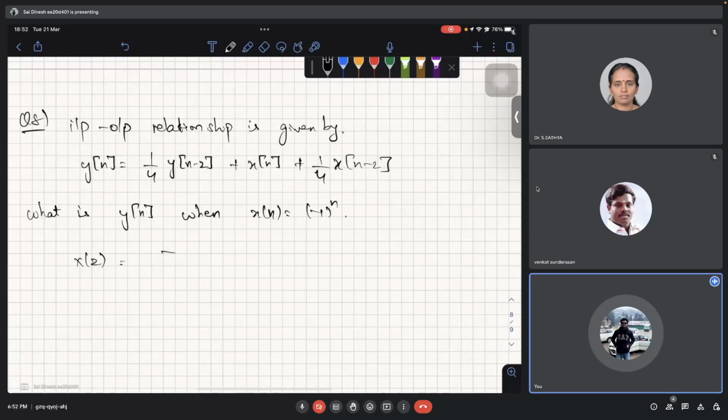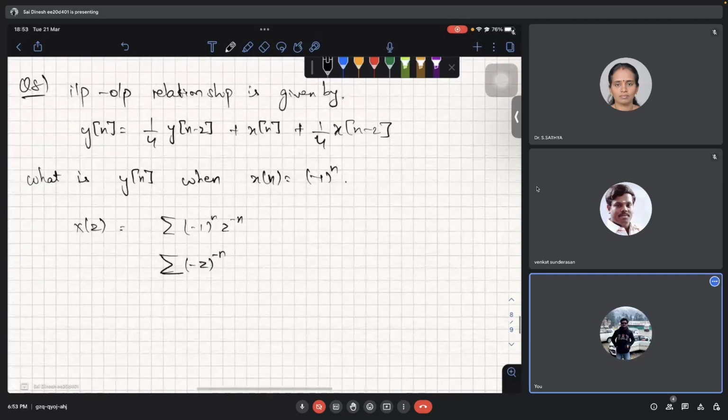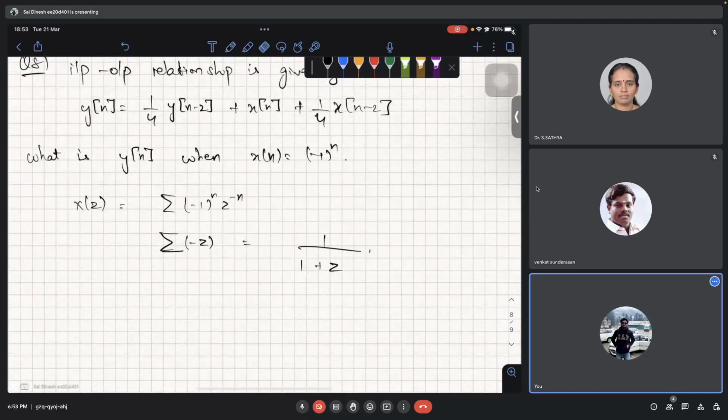So x of z is the sum of minus 1 power n z power minus n, which is minus z inverse power n, so it will be 1 by 1 plus z inverse. So this is x of z.